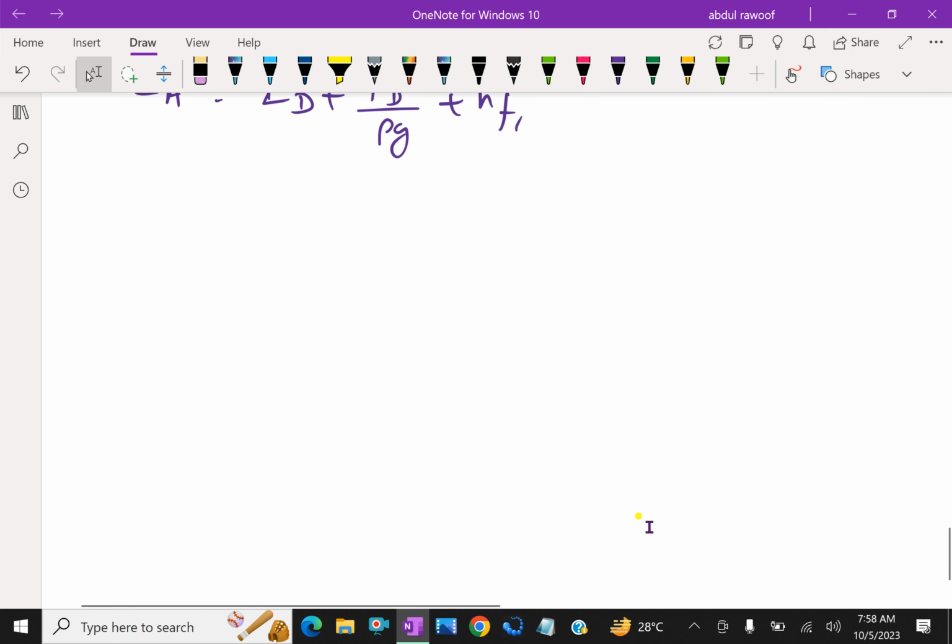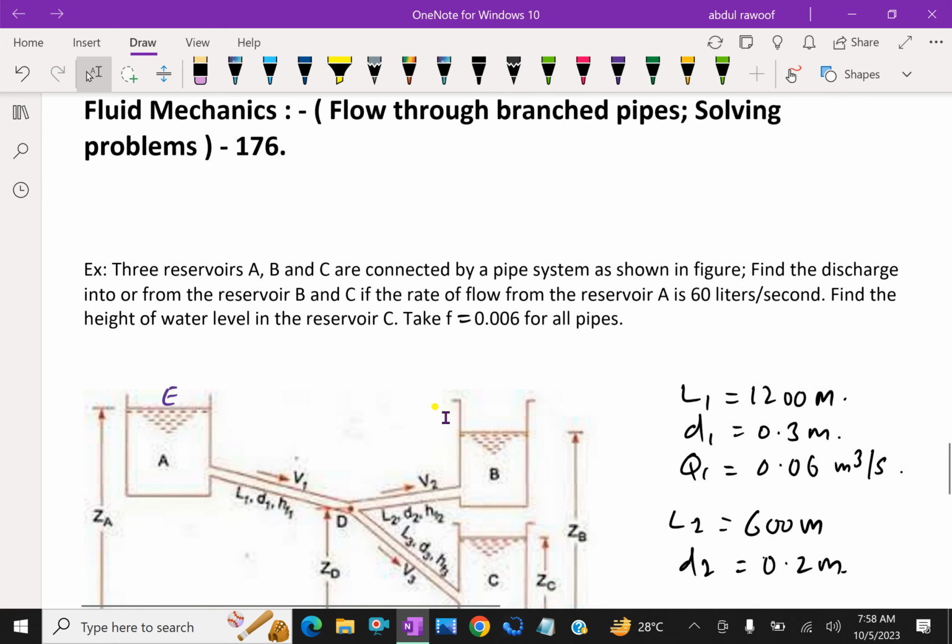Then first we'll calculate V1, the velocity of the flow, which is Q1 by area A. Q is 0.06 because the flow of 60 liters per second is 0.06 meter cube per second.